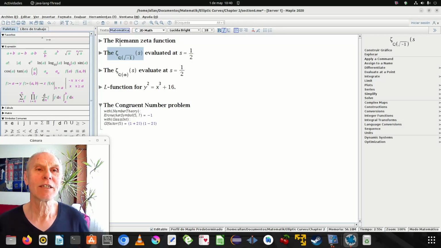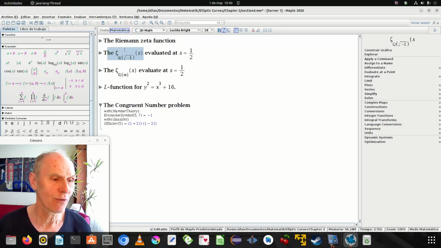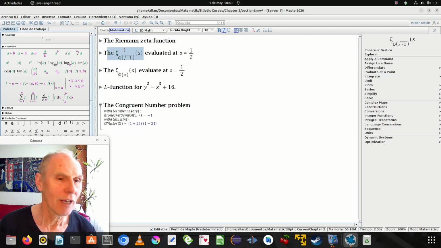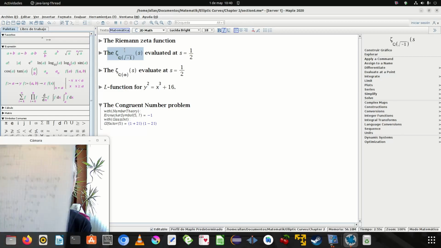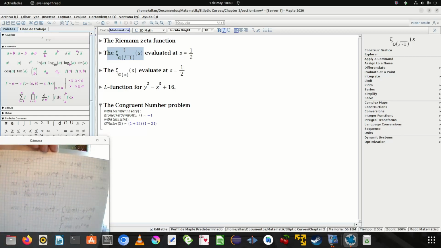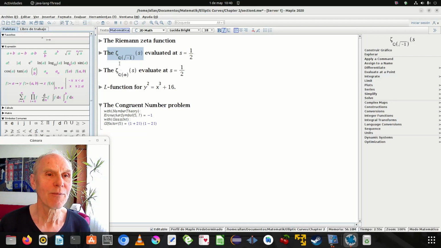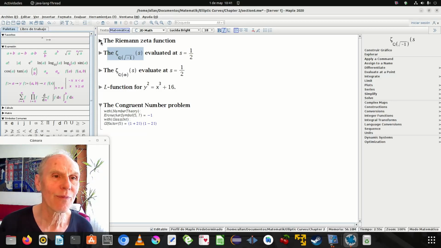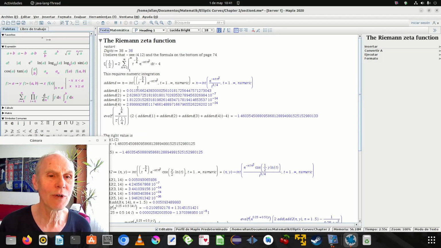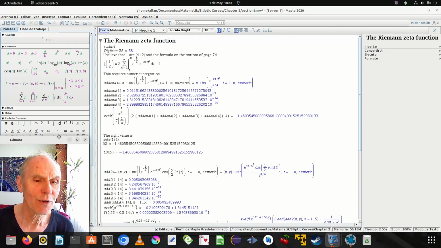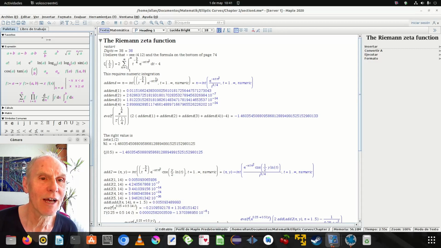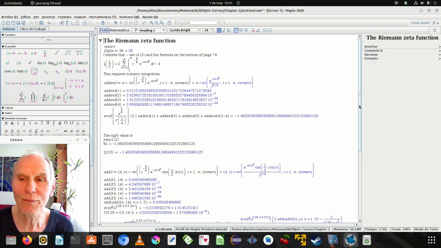But then I realized that I could actually do the theta function. And what you see here is the second time I went through with that. So that was not so difficult. So I could actually compute the value of the zeta function at 1/2.